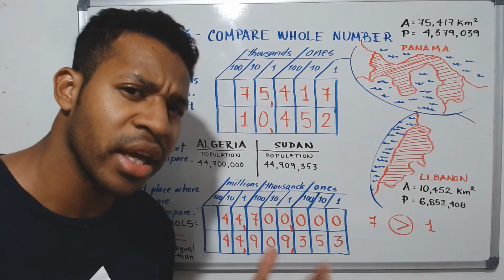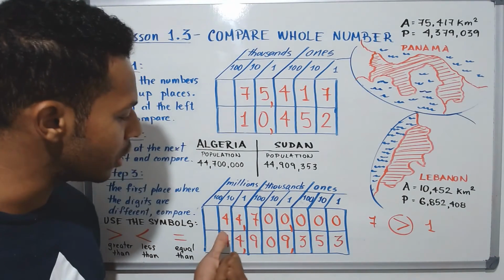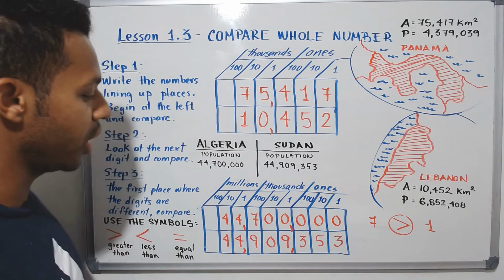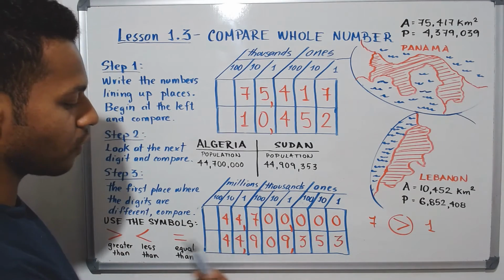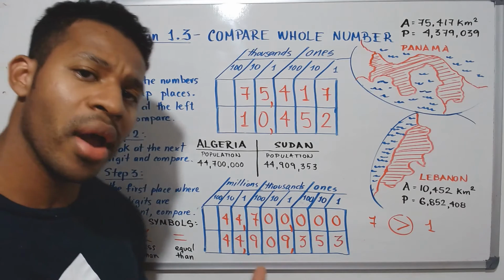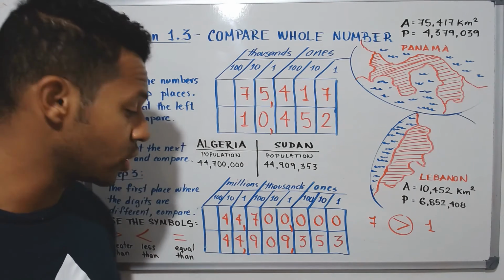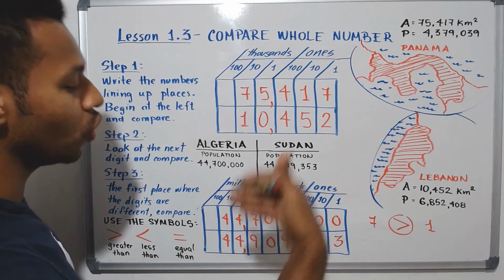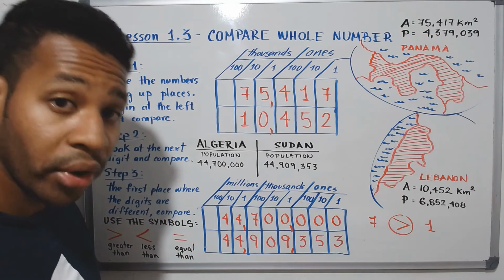Where is the next digit? Yes, it's in the millions place, and it's 4 and 4. The same digit. So if we have the same digit, we continue looking for the next digit to compare.